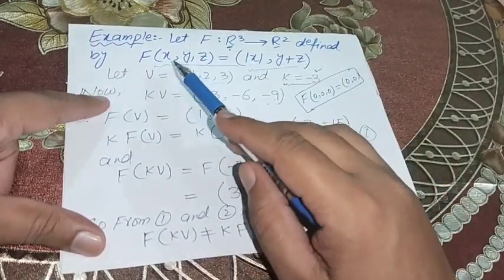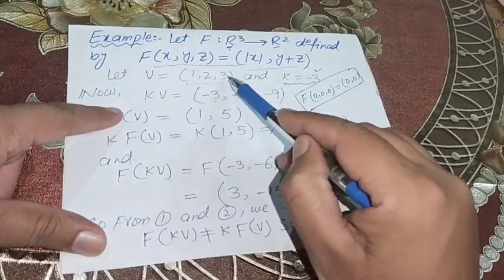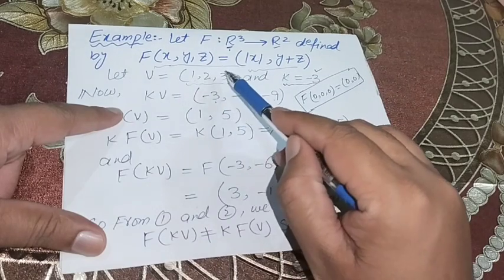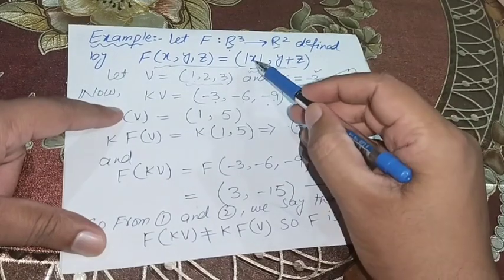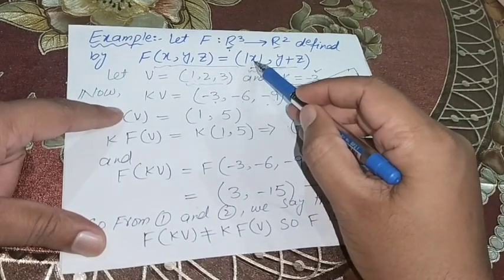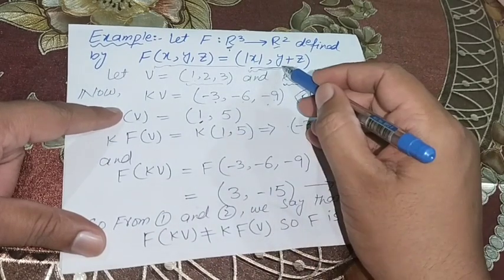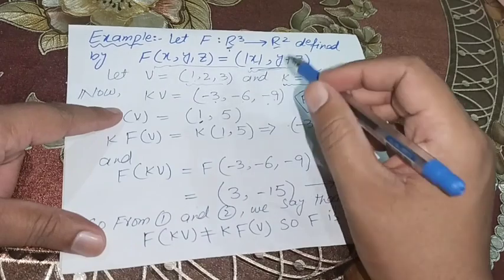When you take x = 1, y = 2, and z = 3 and put them in, the mod of 1 is 1, and y + z = 2 + 3 = 5.